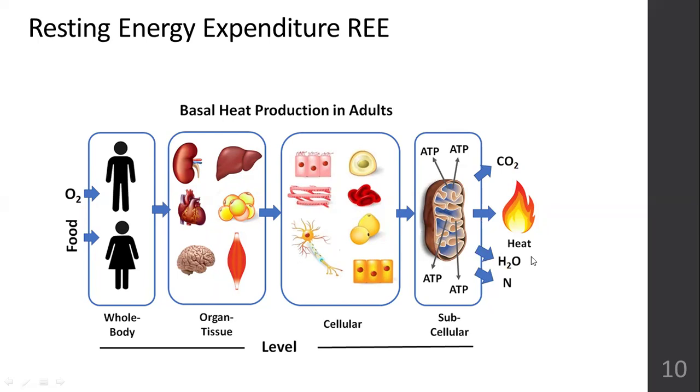One single cell in your body is making ATP to give you energy for the future. It is releasing carbon dioxide, heat, and metabolic water out of the cell. It is breaking down proteins and amino acids and releasing nitrogen. That will be released out of your body through excreta and even through the urine.